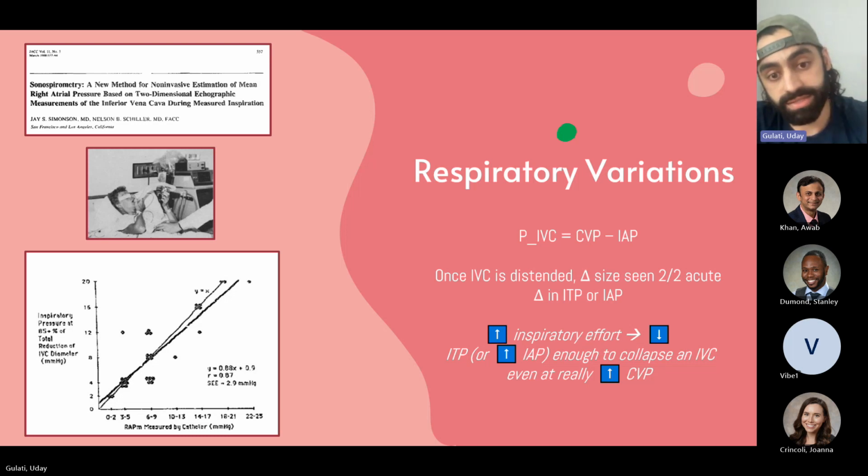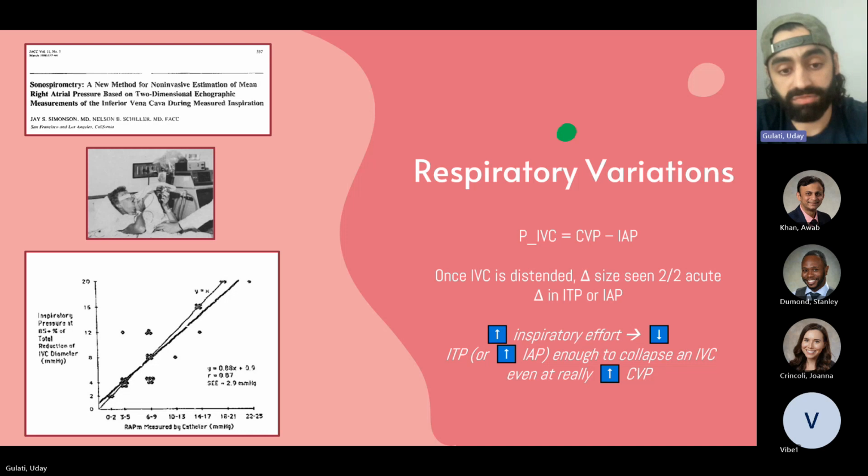Now, keep in mind that there are certain caveats to this that I think we tend to forget. When you think about how you get your CVP, remember that it is a sum of the pressure in your inferior vena cava plus your intra-abdominal pressures. So once your IVC is distended, any change in size is going to be due to acute changes in your intrathoracic pressures or your intra-abdominal pressures.